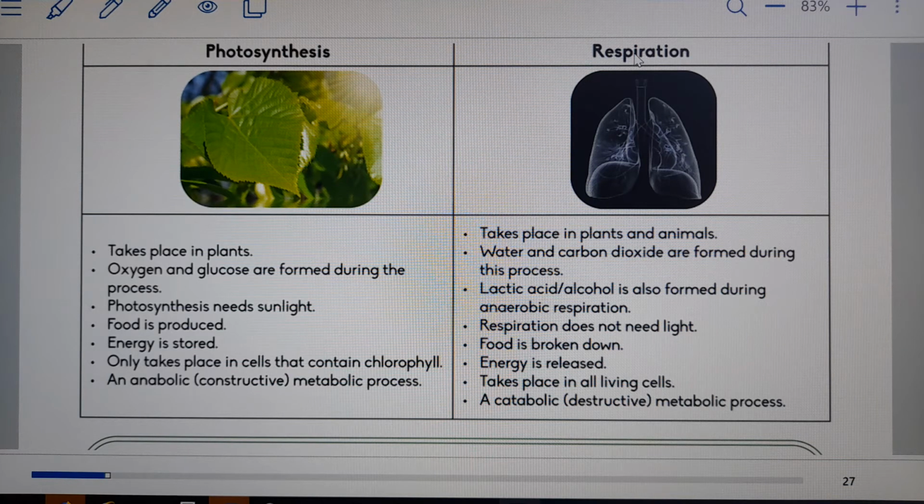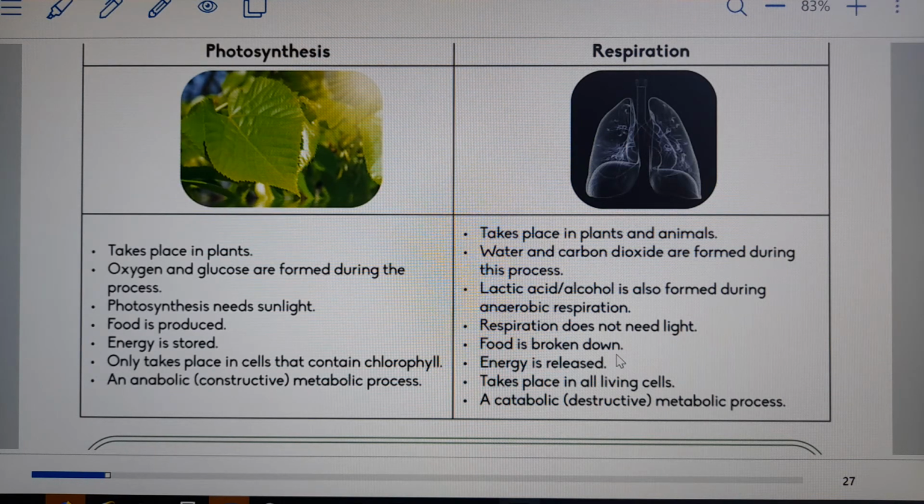Okay, anabolic means constructive. And on the other side, we have respiration. Respiration takes place in both plants and animals. Water and carbon dioxide are formed during this process. Lactic acid or alcohol is also formed during anaerobic respiration. Respiration does not need light.